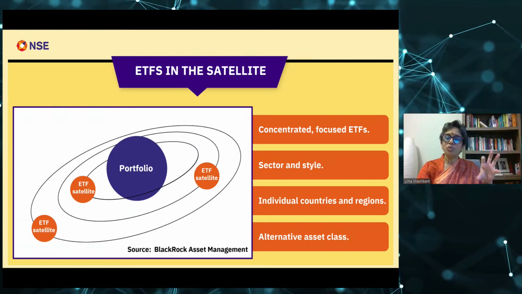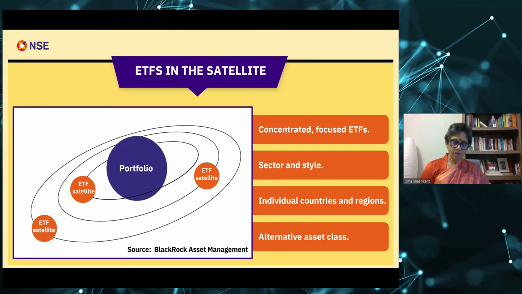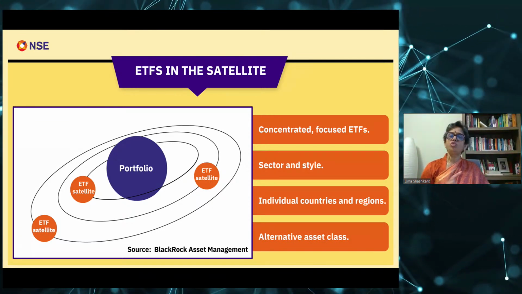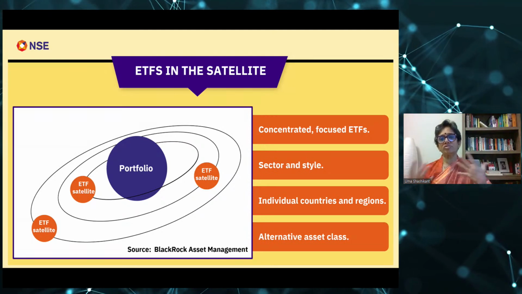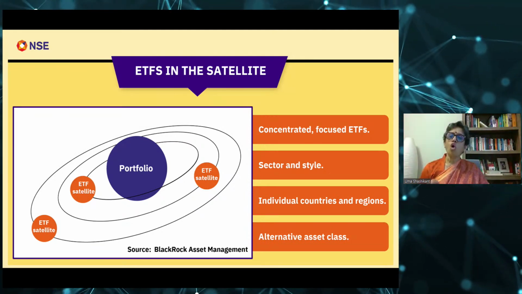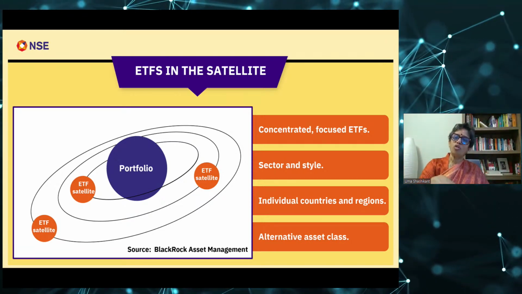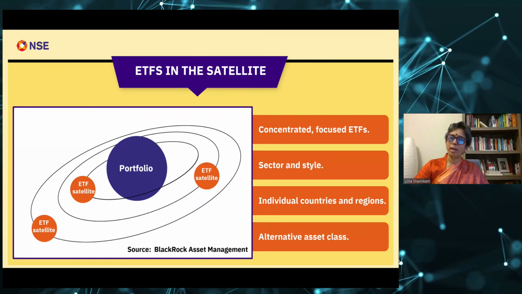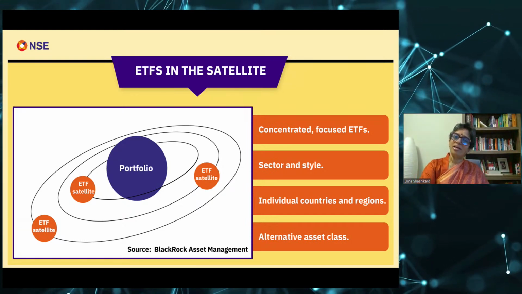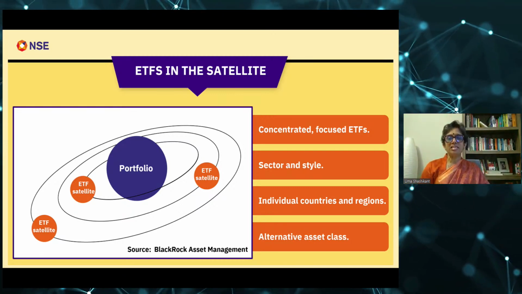So the core and satellite can work both ways. You either have a core portfolio that is the ETF to which you have added other components, funds, actively managed funds, sectoral funds, and so on. Or you have your own portfolio that you're managing. You have a portfolio of funds, large cap, mid cap, small cap funds, and you have everything else, but you are missing a few components. So you're adding the ETFs as a satellite.